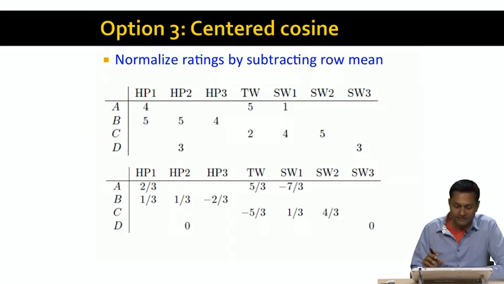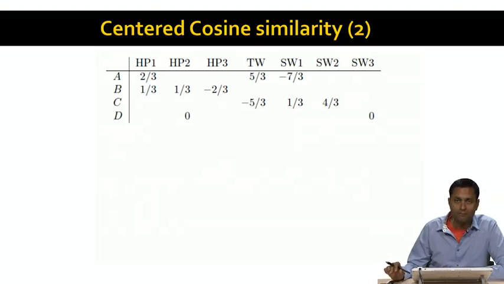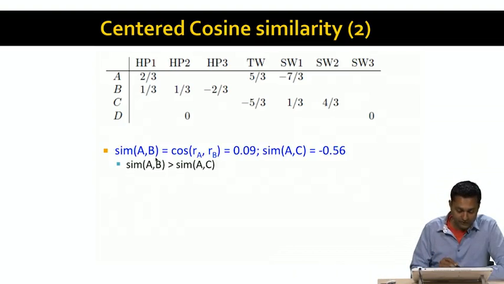Now, once we've done this centering, we can compute cosines using these centered ratings. When we do that, the similarity of A and B becomes the cosine of the centered rating vectors RA and RB, and that turns out to be 0.09. And the similarity of A and C using the centered cosine actually turns out to be negative 0.56, which captures the fact that A and C are quite dissimilar users.